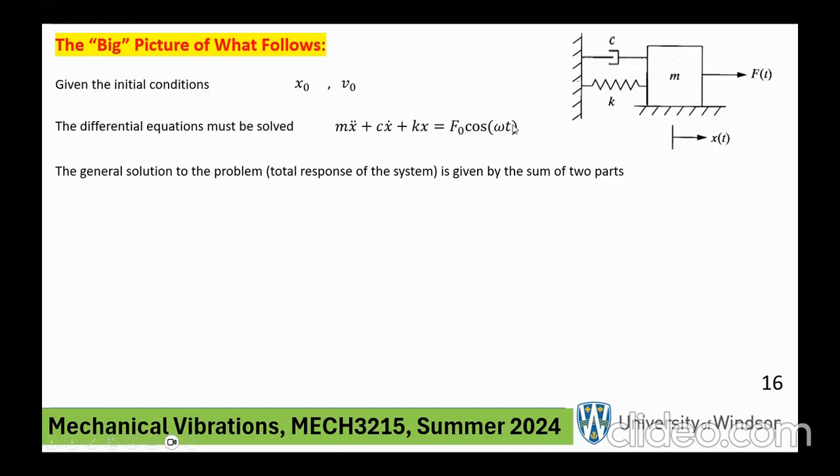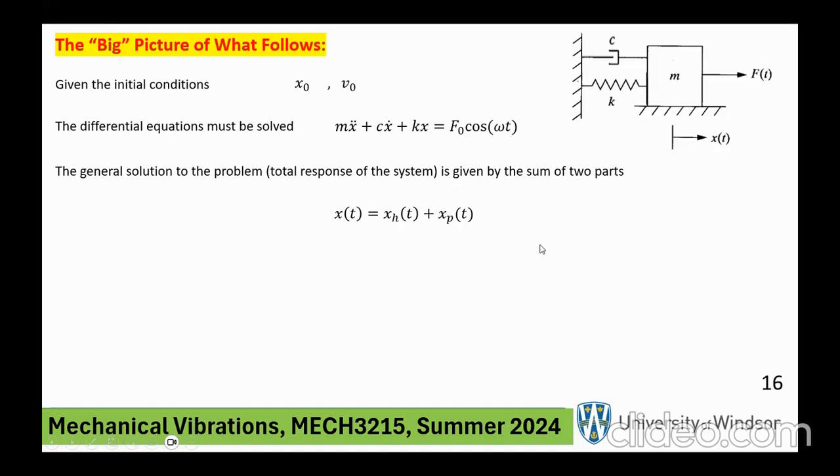You make this right-hand side zero, you have m x double dot plus c x dot plus k x equal to zero, and you know everything about that problem. That's the first 2 weeks of the course. Now, the particular solution, we still have to work on it. Don't know how, but let's assume that somehow we have done it. So the homogeneous solution plus the particular solution.